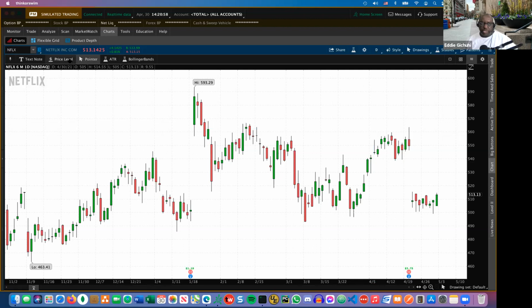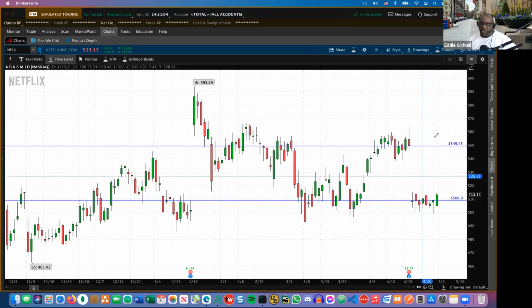Looks like we have some action that's going to try and close this gap right here. It's a nice $40, $50 gap. We're inside it, and we've tried to close it a few times before. Current price is at 513. We're going to see what happens by the end of the day.